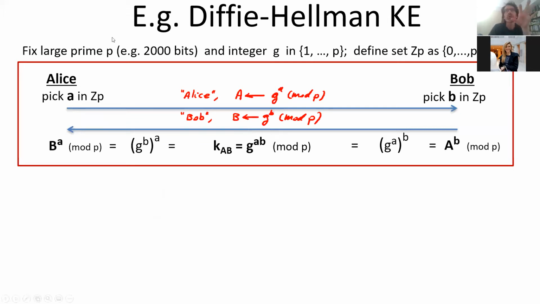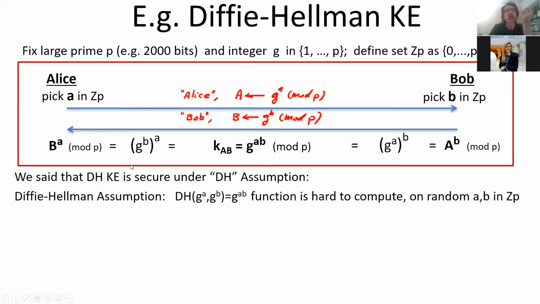So here is again a Diffie-Hellman key agreement, and the Diffie-Hellman assumption says that computing these keys is hard. Security is still against just an honest but curious, passive eavesdropper adversary.